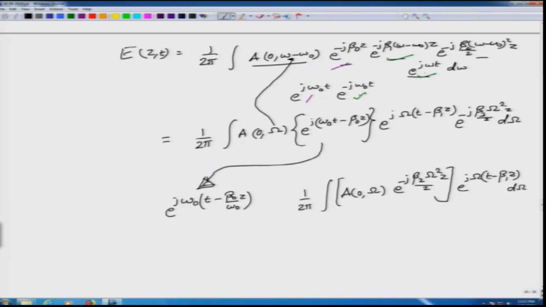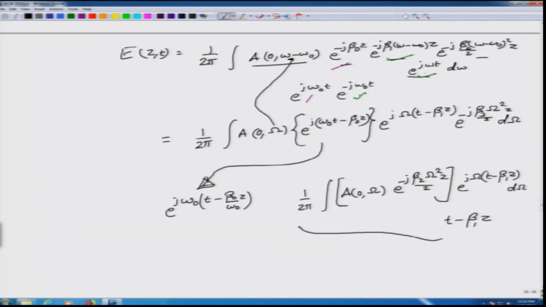Now, the term written in this square bracket is the term on which we are operating the inverse Fourier transform, except that we are now evaluating it not at t equal to 0, but at t variable, rather at t minus beta_1 z.